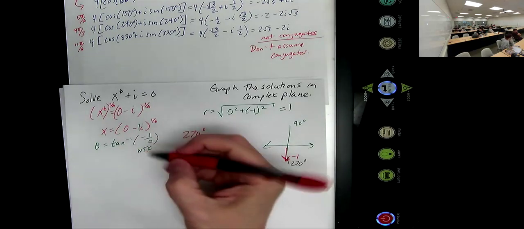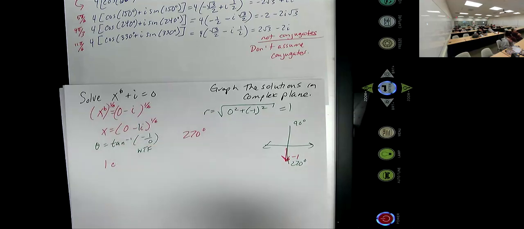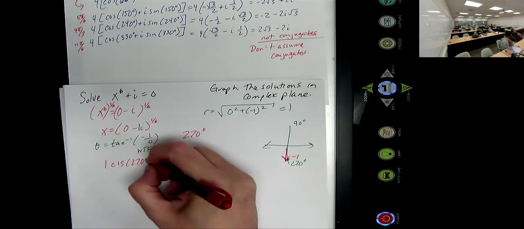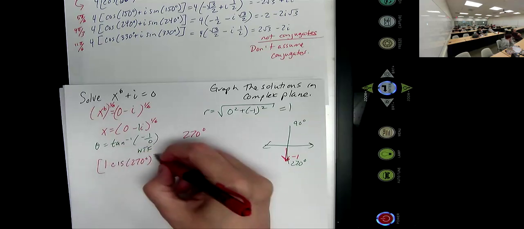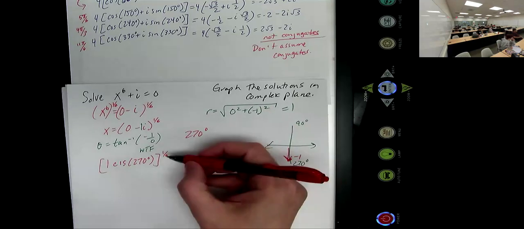So we're gonna do 1, I'm just putting it there because we had it. Cis 270 to the 1/6. The exponent on 1: 1 to any exponent is 1. Even 0. It's the only number where the number to the 0 is still itself.